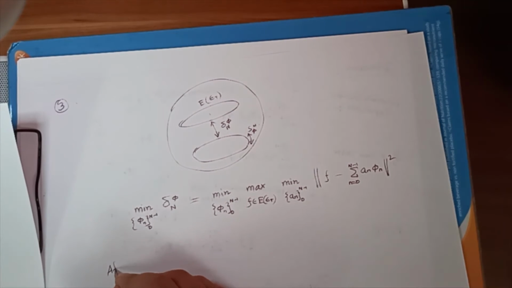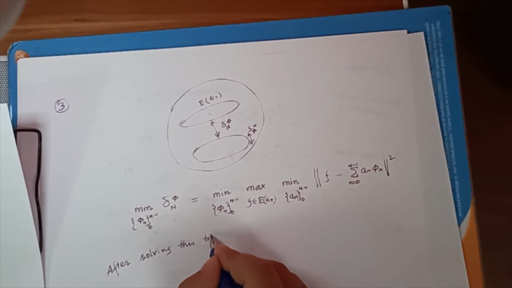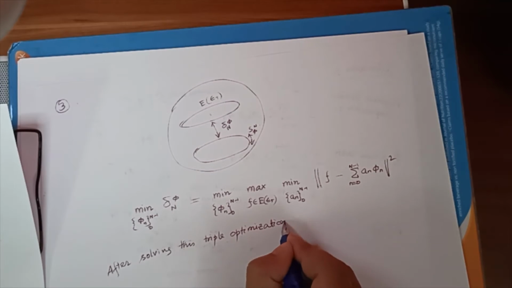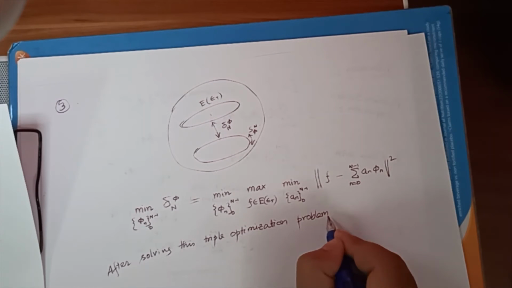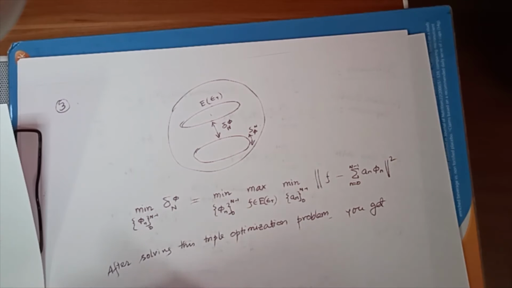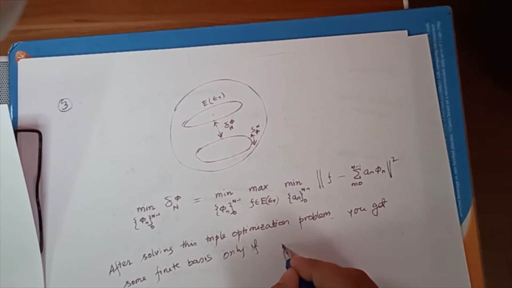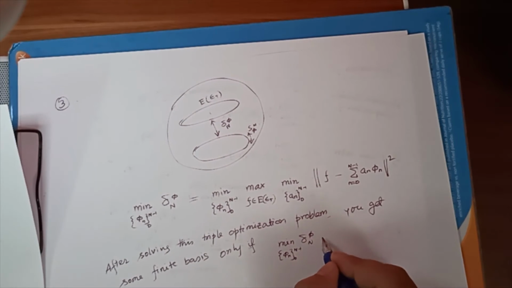So after solving this triple optimization problem, you get some finite basis only if this value, only if this min of delta n phi for all possible phi is less than some pre-specified delta.